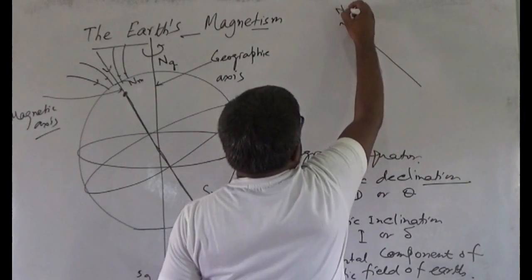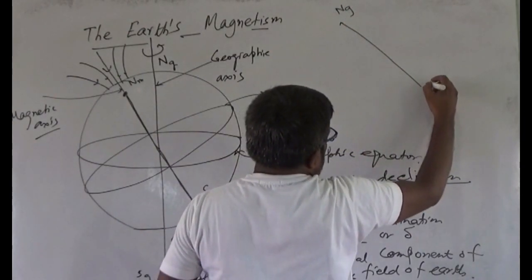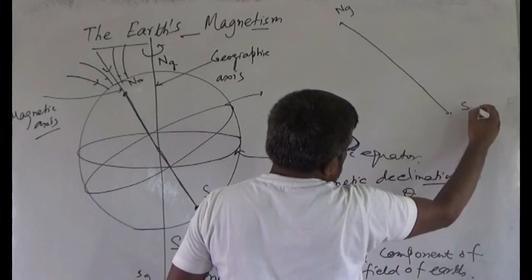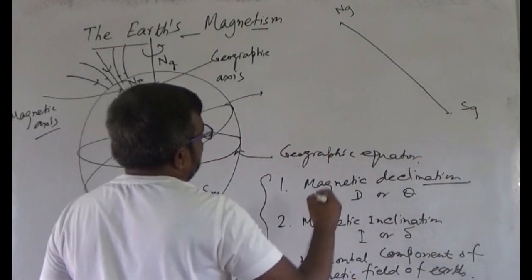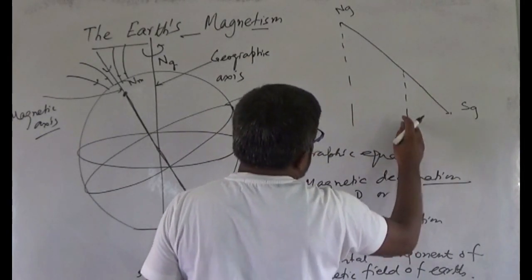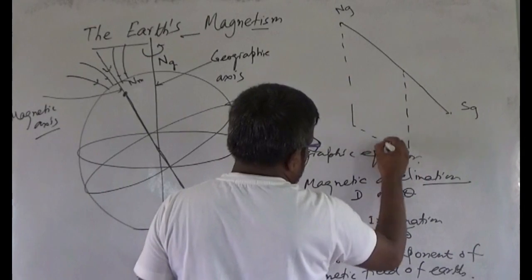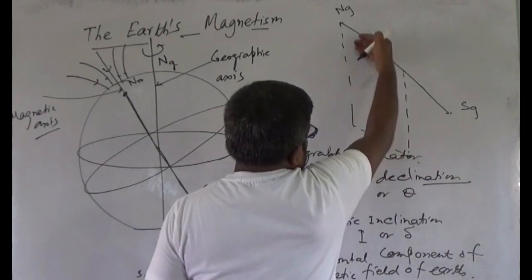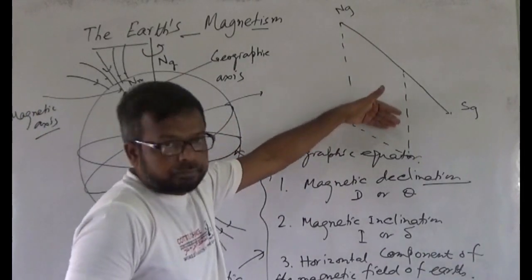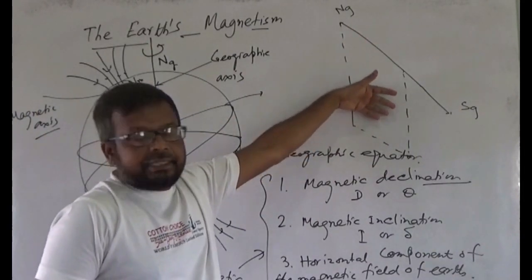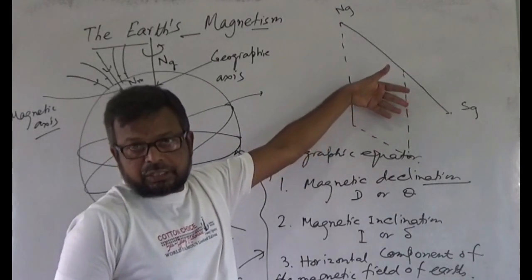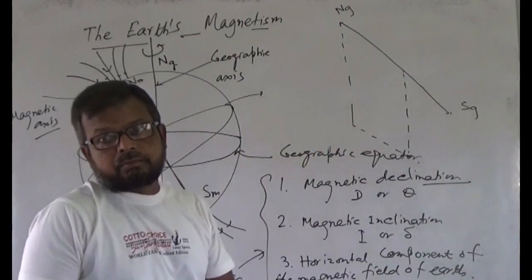This is our geographic north, and this is our geographic south. Then this plane, this is another plane, this is a plane, right? This plane is our geographic meridian. This is our geographic meridian, right?